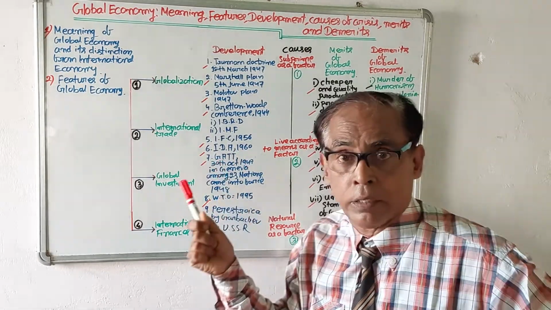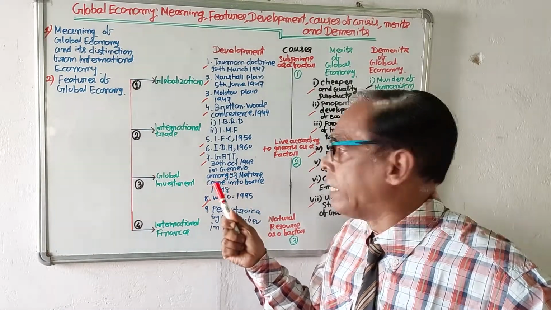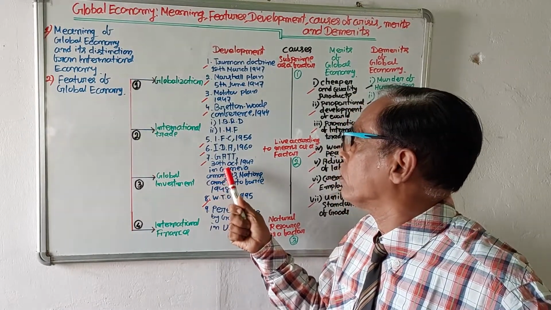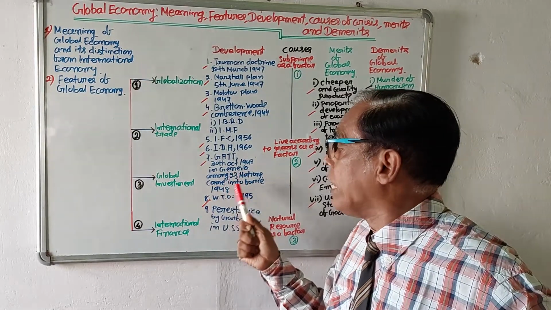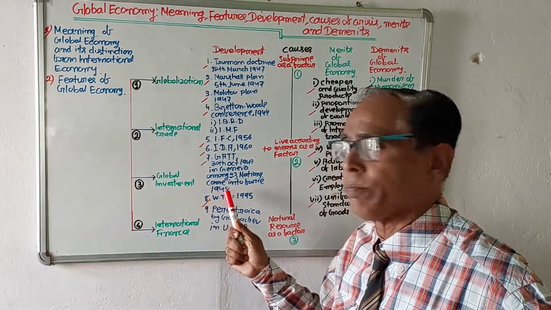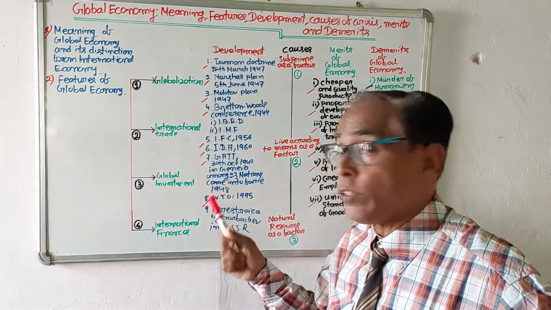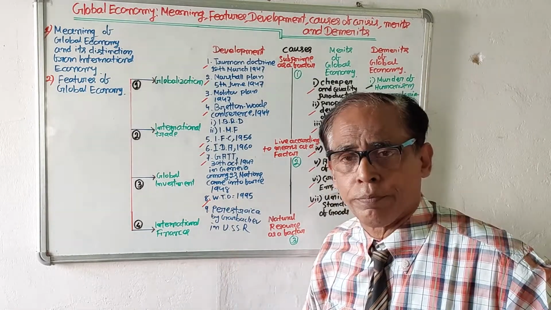Then GATT, the General Agreement on Trade and Tariff, was held on 30th October 1947 in Geneva, where 23 nations attended, and it came into force in 1948. It was another initiative. Then the WTO was formed in 1995.